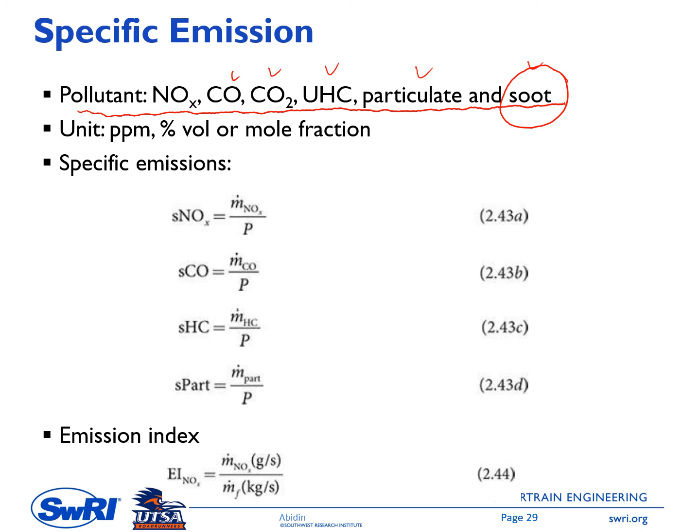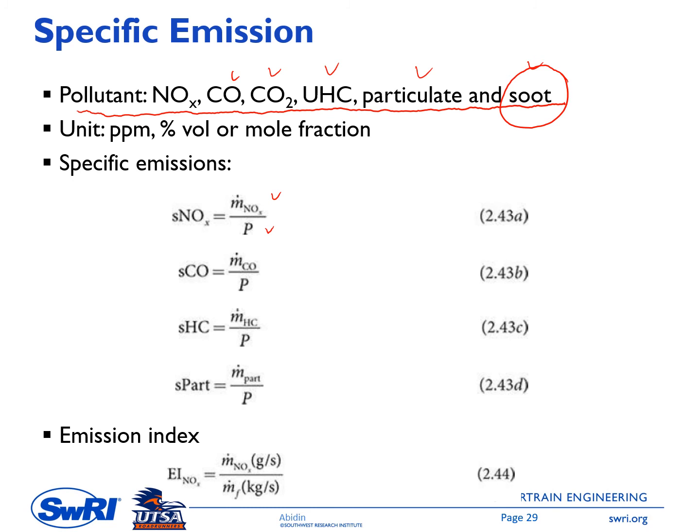So we have an additional parameter here that is usually used when communicating the emission level with other people. So here we have specific NOx, which means the ratio of the NOx mass flow rate to the power.